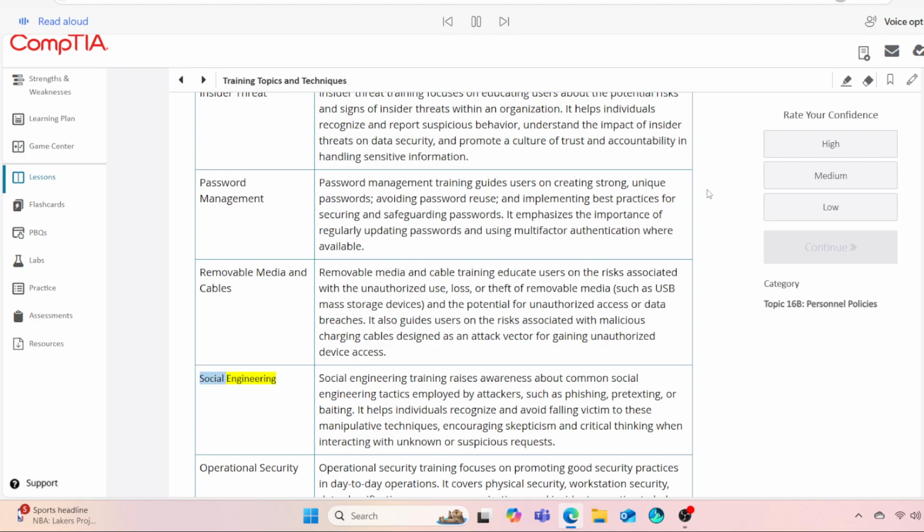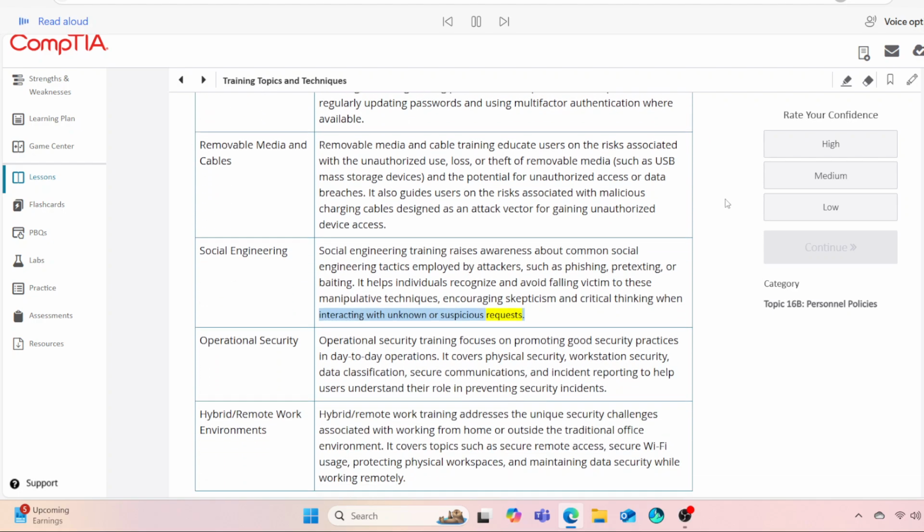Social engineering. Social engineering training raises awareness about common social engineering tactics employed by attackers, such as phishing, pretexting, or baiting. It helps individuals recognize and avoid falling victim to these manipulative techniques, encouraging skepticism and critical thinking when interacting with unknown or suspicious requests.